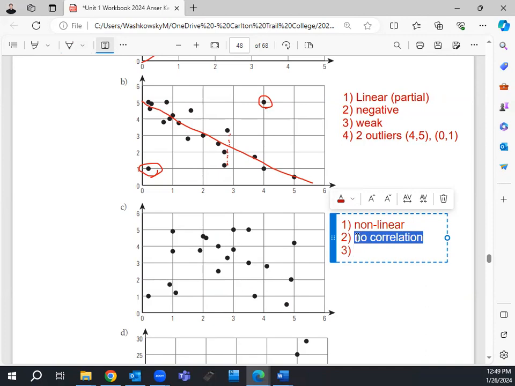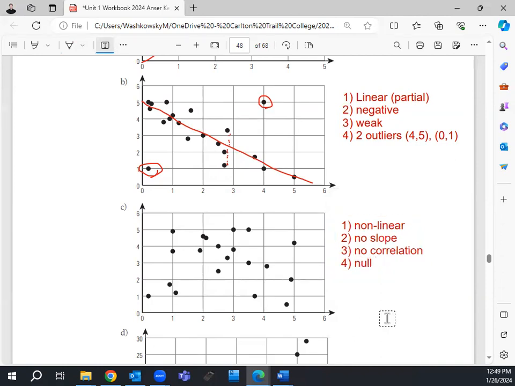Sorry, number 2 is the slope, and there's no slope because we can't put a line in there. Number 3 is no correlation. And then number 4 is, are there any outliers? Well, this is a null question. It doesn't exist. If we don't have a line, we don't have a correlation, so we can't have outliers from it.